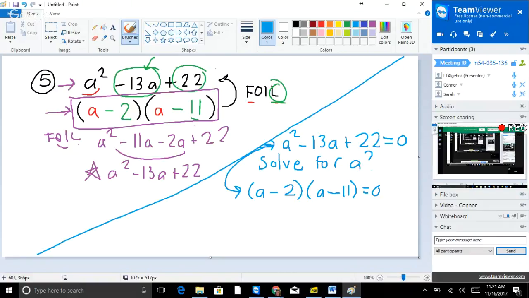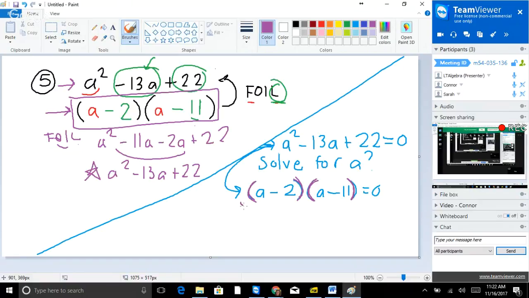Well, this is where it gets a little weird. This is my highly technical mathematical thing. If I know that I have something times something equals 0, so one thing times another thing equals 0, that means that one of those two things has to be 0, right?